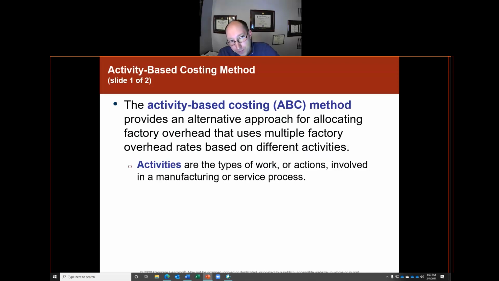For example, an activity might be machine hours. An activity might be staining wood. An activity might be assembly line. I don't know. There are so many different activities or types of work, right? So think of an activity as a type of work or an action. That's what an activity is.